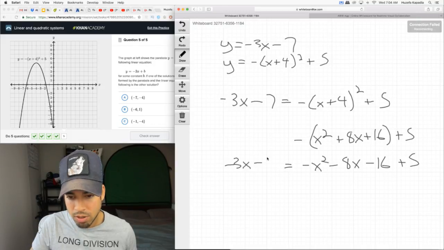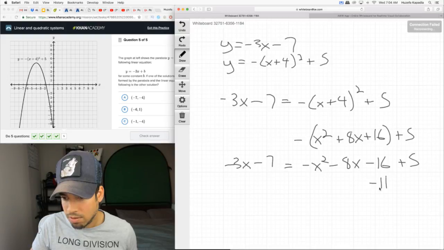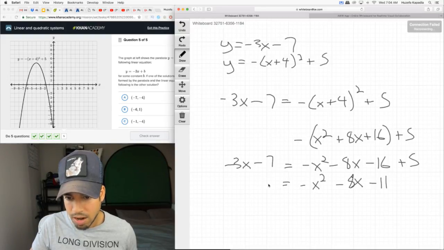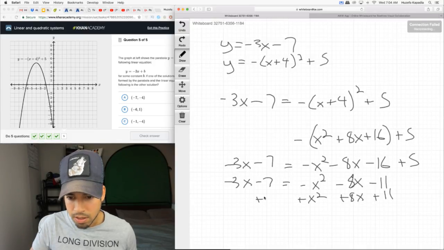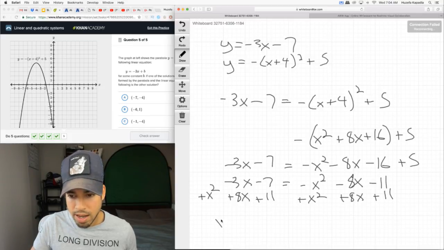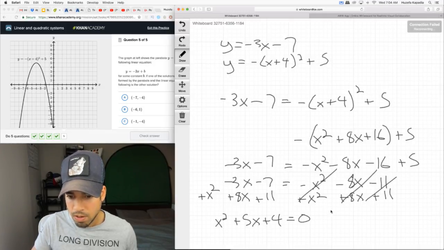We still have negative 3x minus 7 over here. This becomes negative 11. Okay, and now I'm going to bring everything over to the left side. So add x squared, add 8x, add 11. So we get x squared plus 5x plus 4 equals 0.